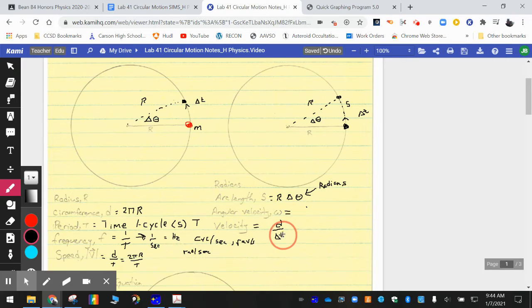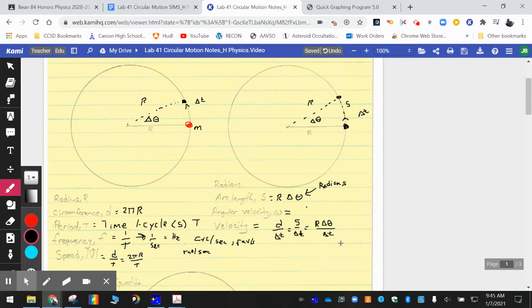Now the distance which this travels is nothing more than the arc length, which is s over delta t. So what is s? S is simply r times delta theta over delta t, like so.